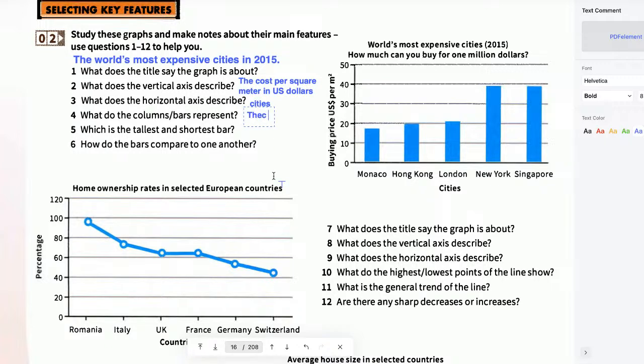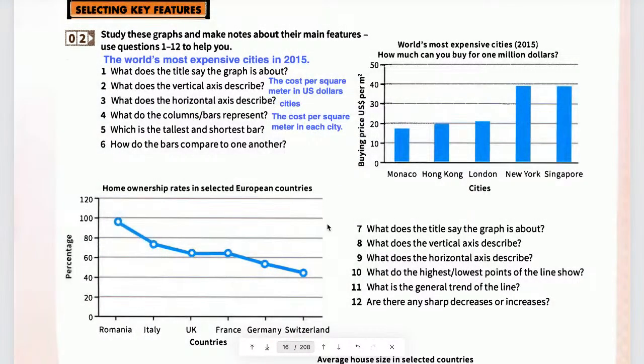So we can say the cost per square meter in each city. All right, now number 5, Nhi, go.